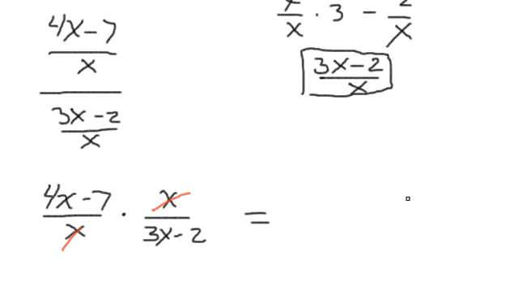And I end up writing this as 4x minus 7 over 3x minus 2, and that's as far as we're going to be able to get. All right, simplified down.